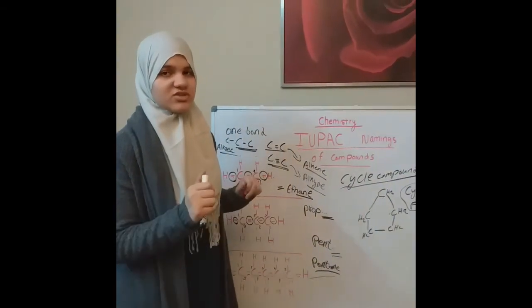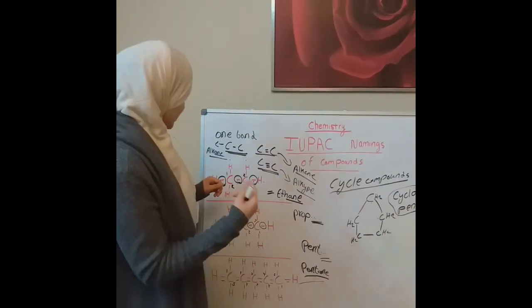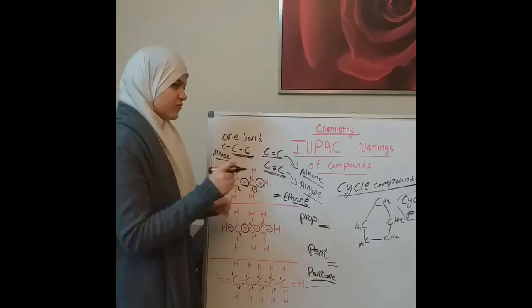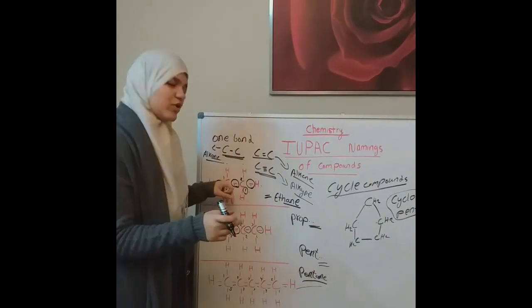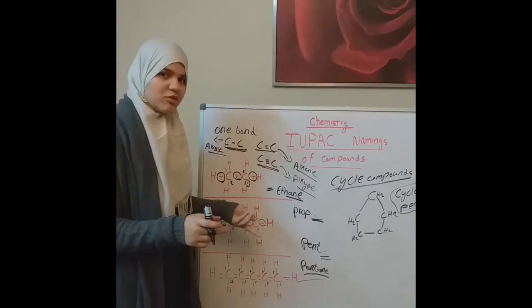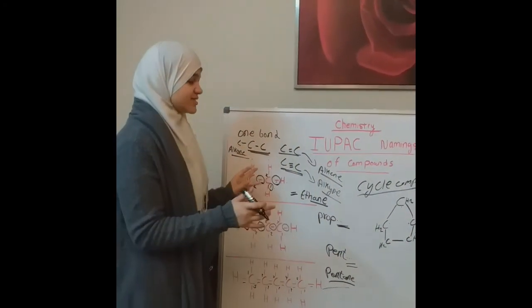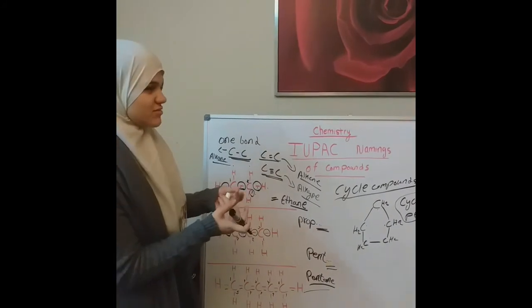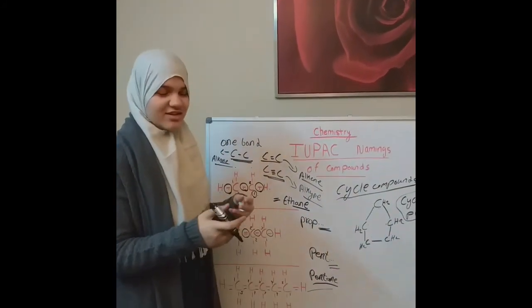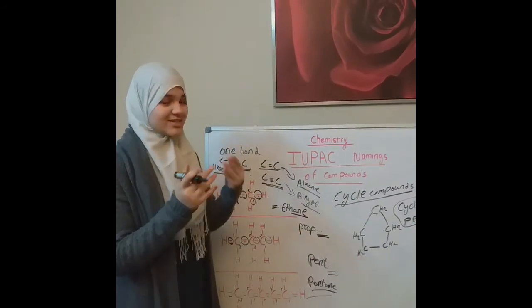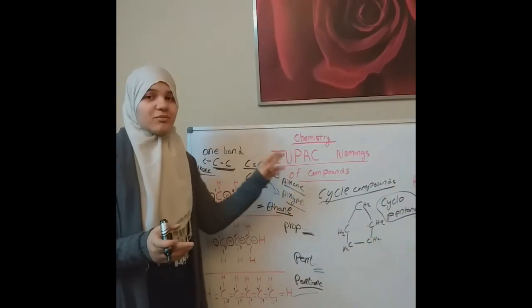You will not be confused. The second thing, be focused also on the bonds, whether it is a single bond, double bond or triple bond. But of course, this is like a summary. It's like an introduction only, an introduction for the lesson, which is IUPAC names of compounds.